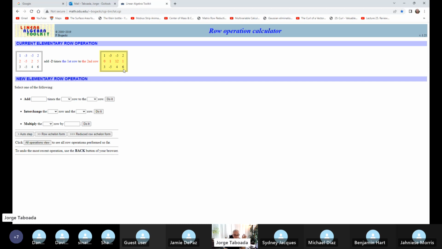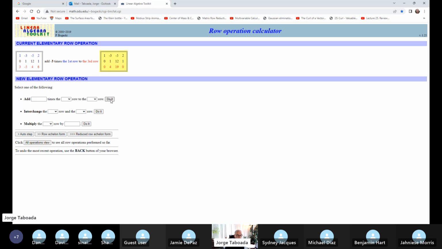Let's do the second. The second row operation, the factor is -3, -3 is the factor. The row pivot again is row 1, but the storage row now is 3. Do it. Bam. And you know, magic happens.